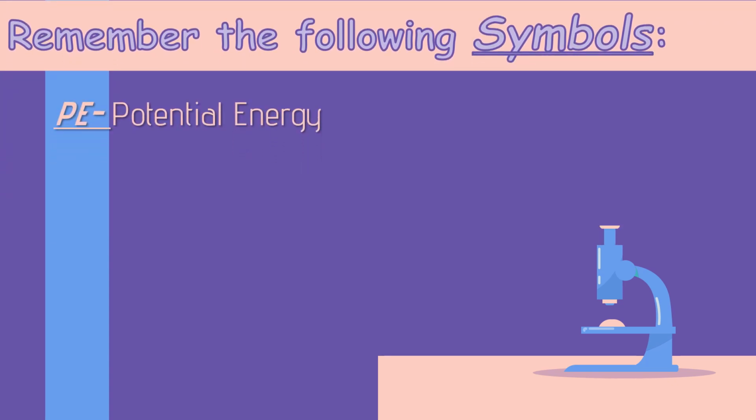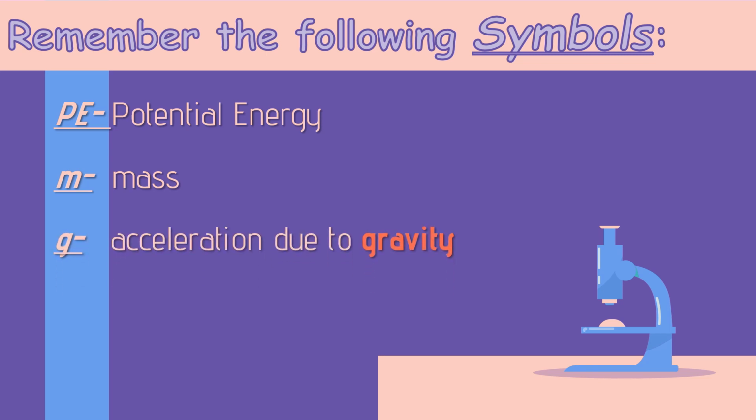When you see a capital letter P and capital letter E, it is known as potential energy. While the small letter m stands for mass, small letter g stands for acceleration due to gravity, and small letter h stands for height.